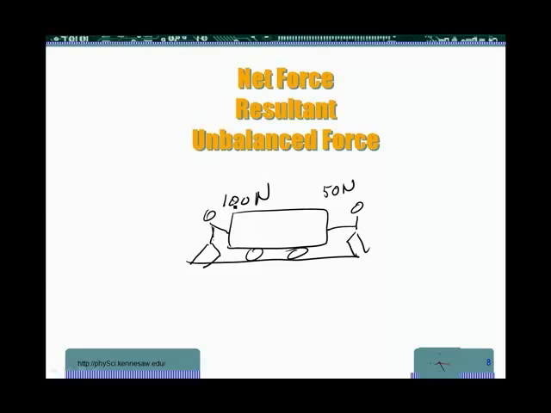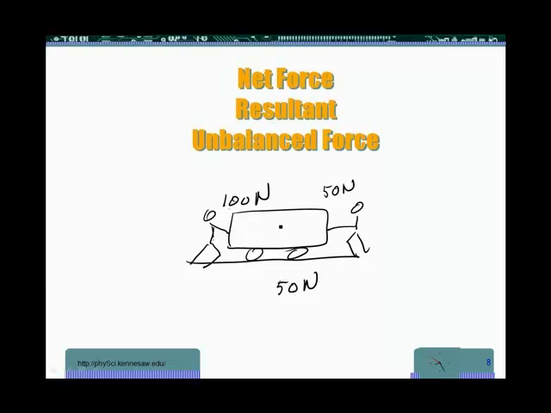So the unbalanced force is going to be 100 newtons minus 50 newtons, or 50 newtons. Now, if the two forces are equal, my unbalanced force is going to be 0 newtons, or no force. My unbalanced force, in this case, is 50 newtons towards the right. That's what we mean by unbalanced force.